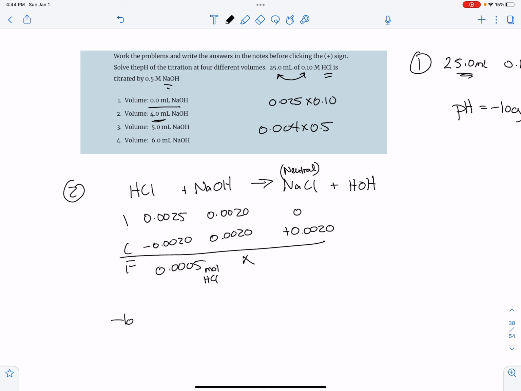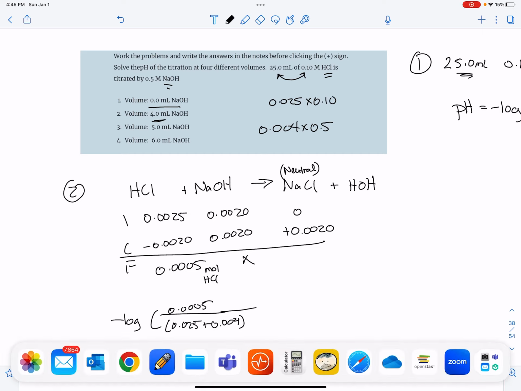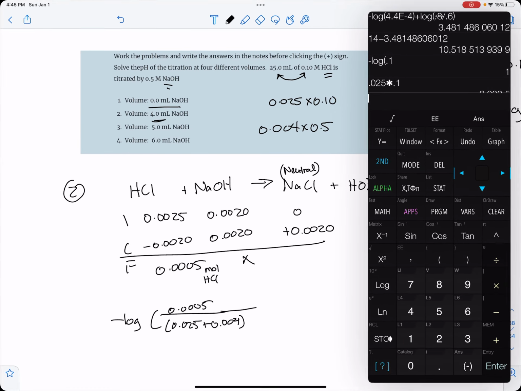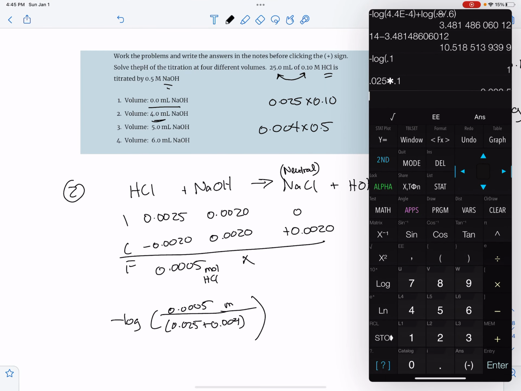So I just jump back to my negative log equation, but I have a new volume. So I do want to point out that I had the 25 milliliters, which is 0.025 liters, plus 4 milliliters, which in liters is 0.004. So now I'm going to put that in my calculator. Again, that's my moles, that's my liters. Clear.